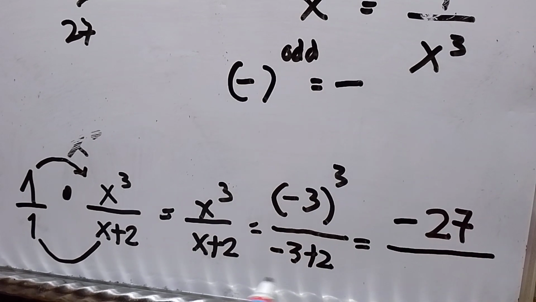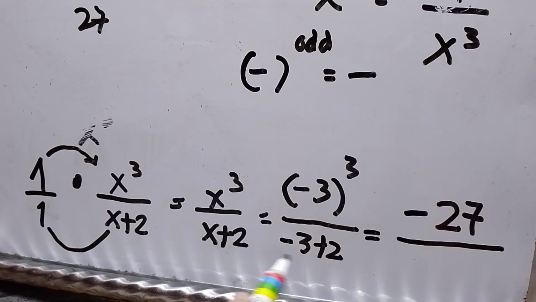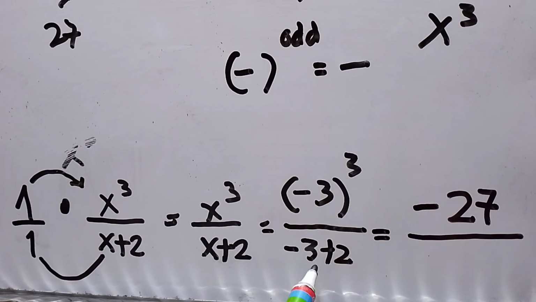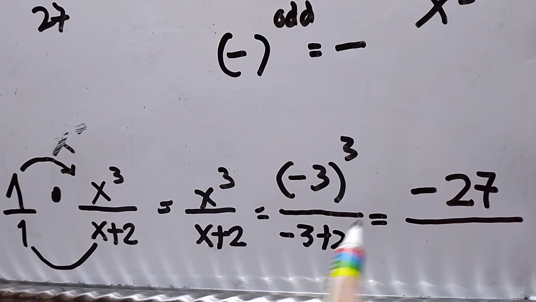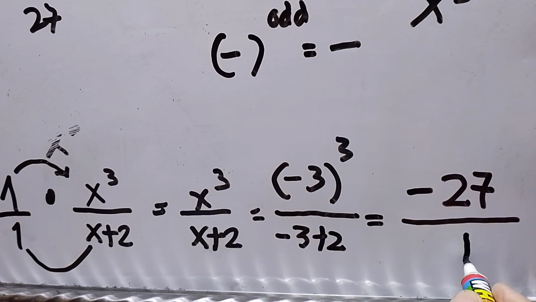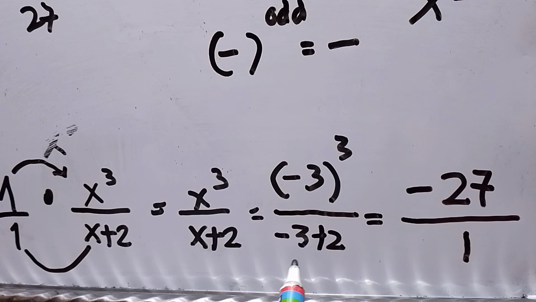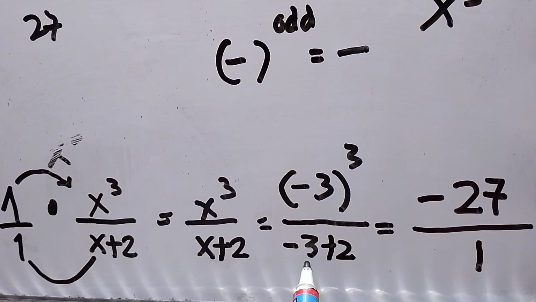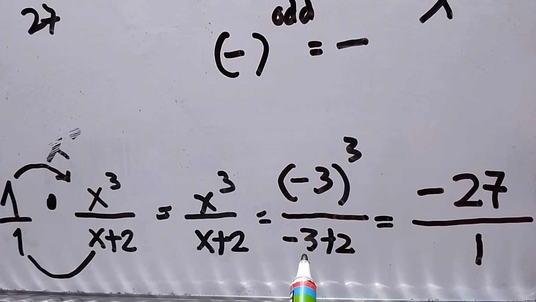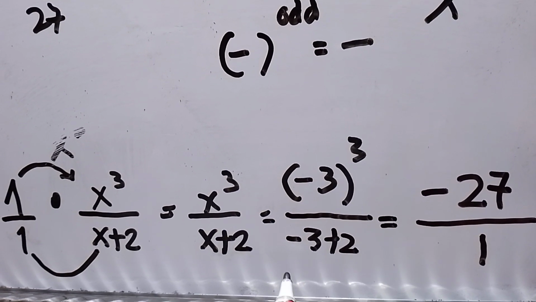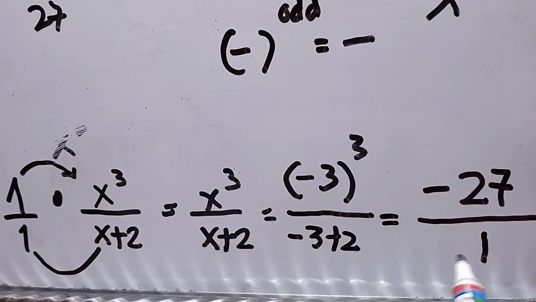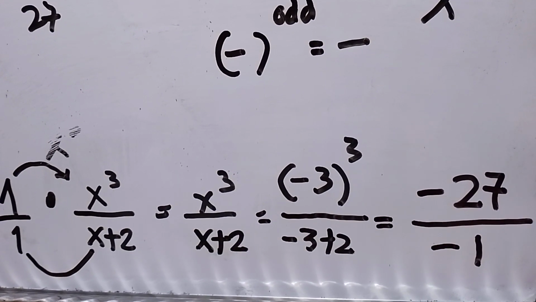Then this one, what is negative 3 plus 2? These are unlike signs, so we will use subtraction. 3 minus 2 is 1. How about the sign? Negative 3 is bigger than 2 in terms of the integers. So 3 has a negative sign, so this will be negative 1.